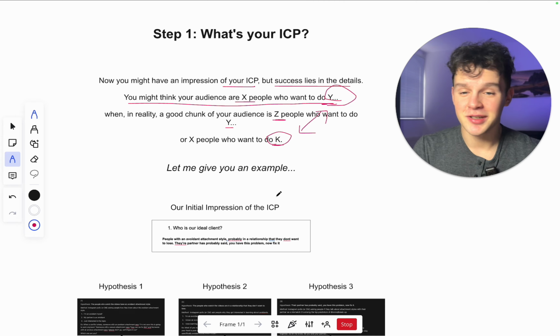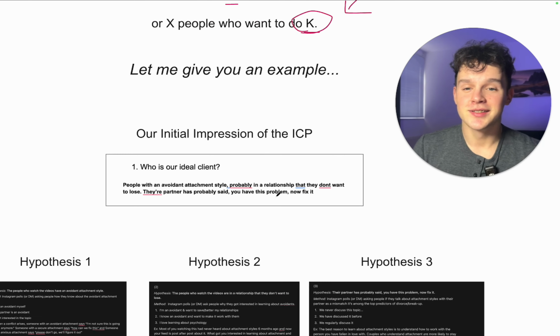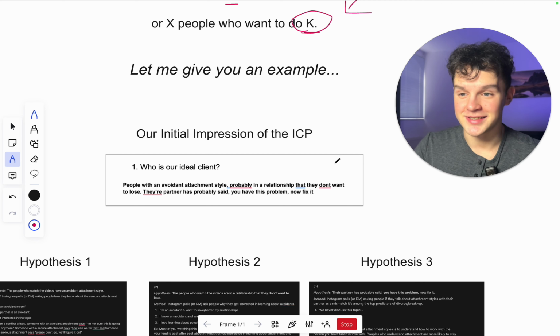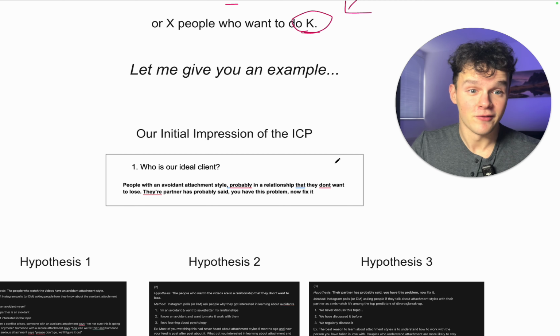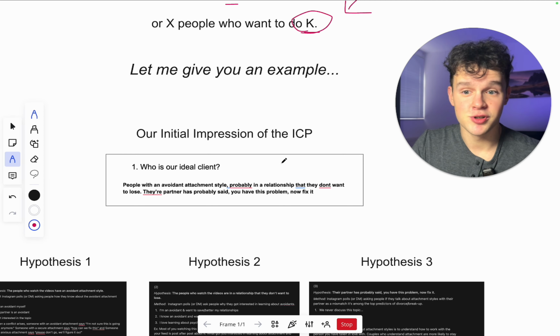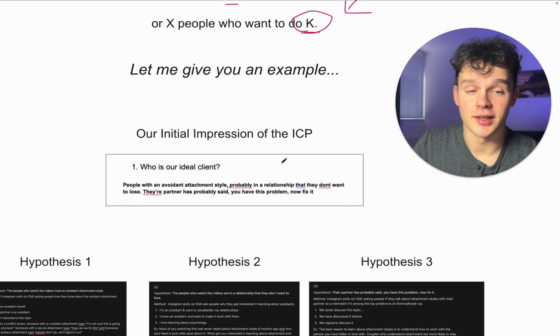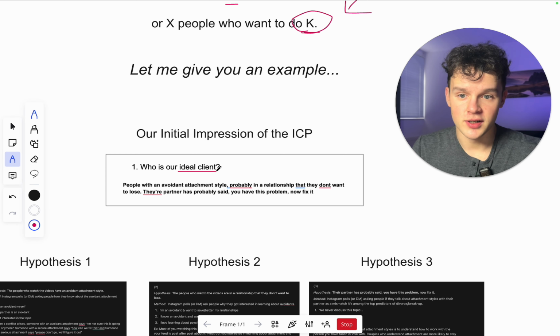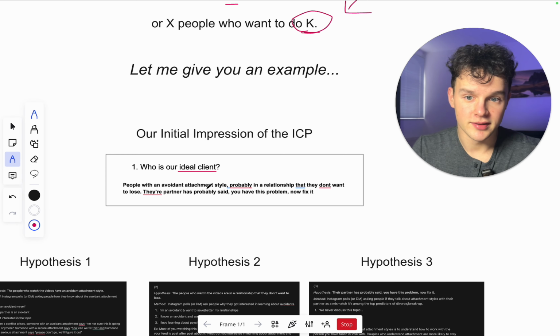So let me give you a quick example. On one previous project, by the way, this was probably the craziest market research that we have ever done, the initial assumption was something like the following. It was an online therapy offer, and the assumption was that the ideal client of ours are people with an avoidant attachment style.